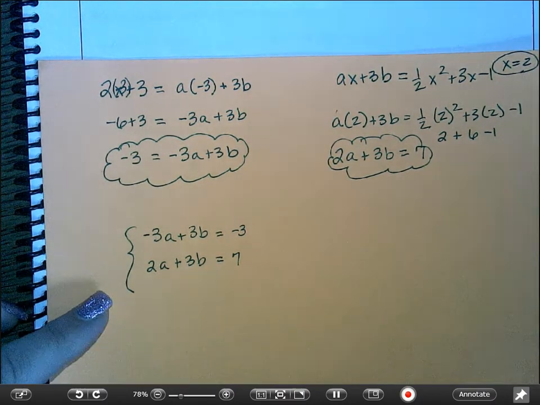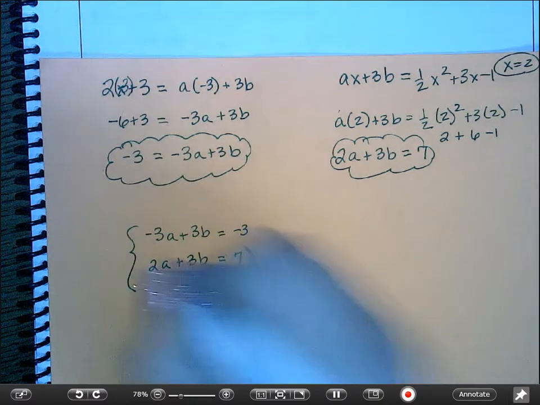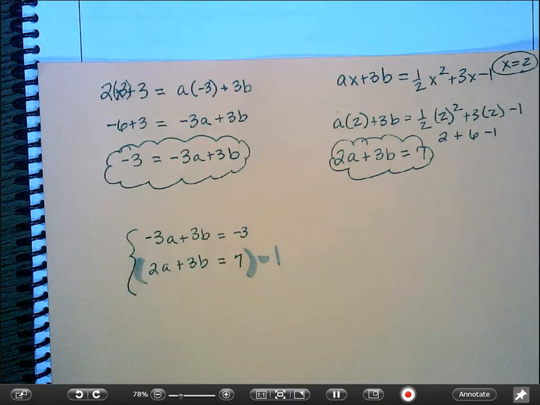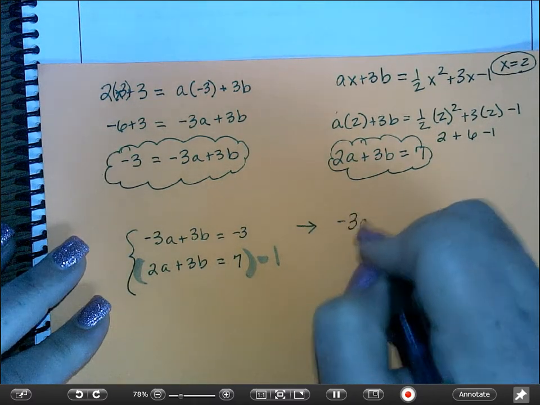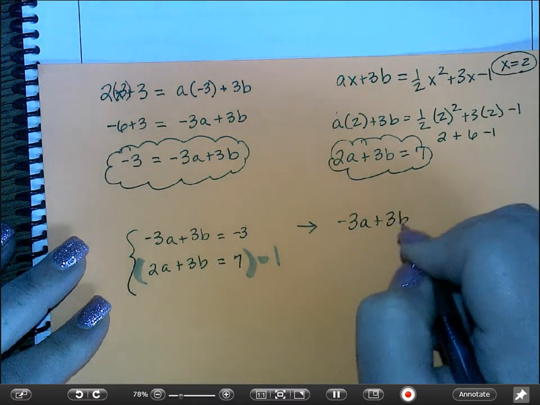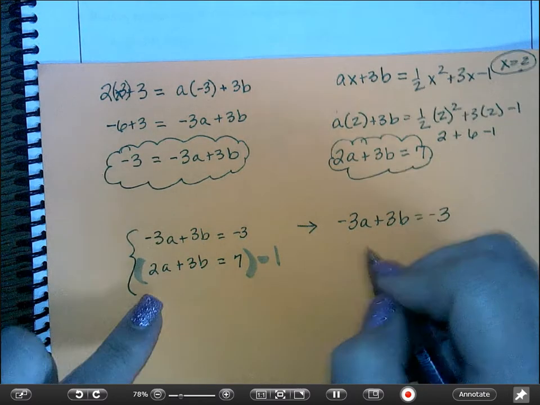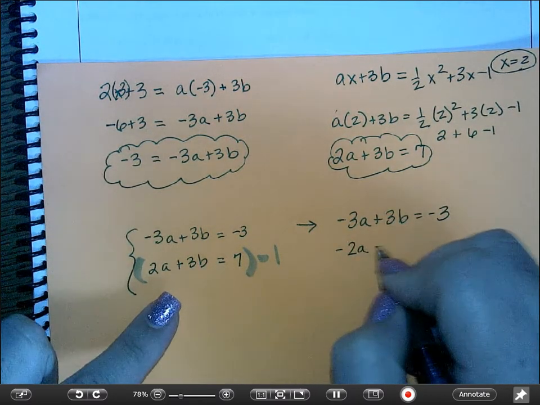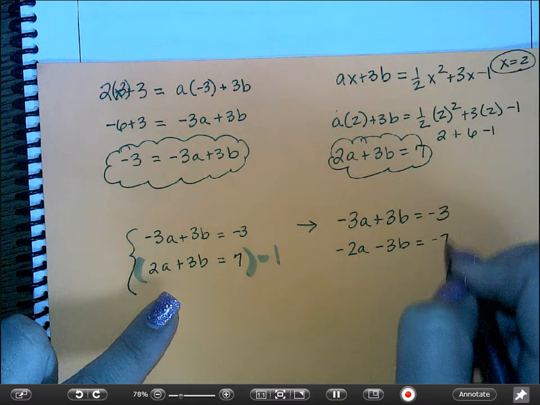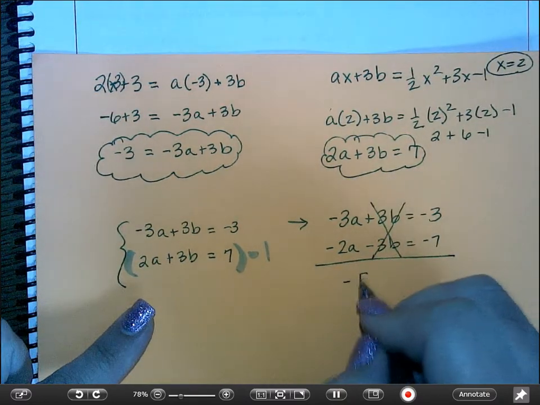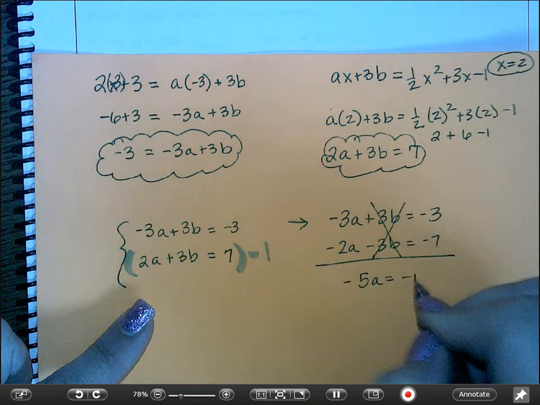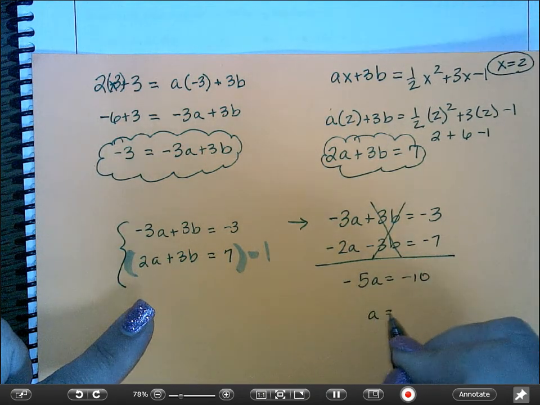So I am going to multiply maybe this function by -1. This is going to give me -3a plus 3b equals -3. This one gives me now -2a minus 3b equals -7. Adding, the b's cancel out, I get -5a is equal to -10. A is 2.